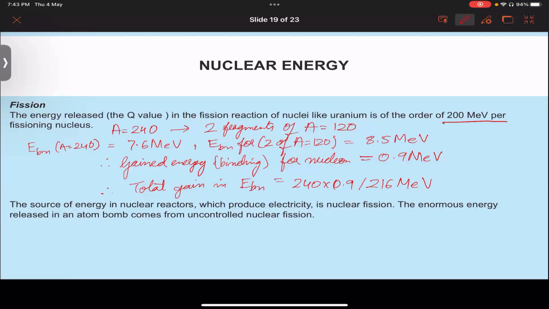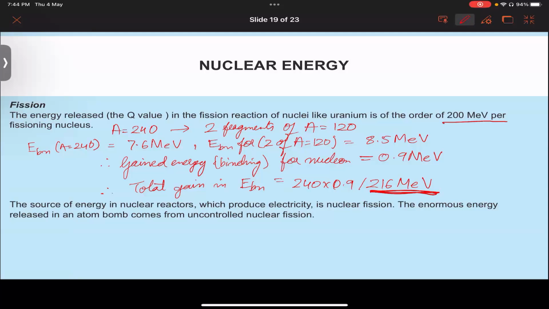You can see this is a very high energy that is released when you have your fission reaction going on. And this energy from the nuclear reactors can help in producing electricity. The source of this high energy is the nuclear fission, and this is used to produce electricity.